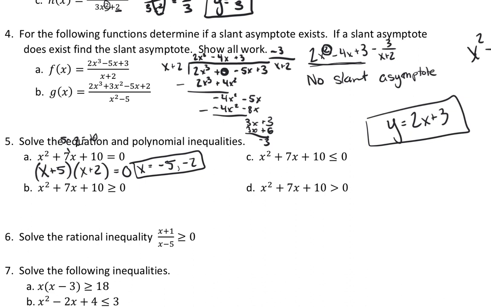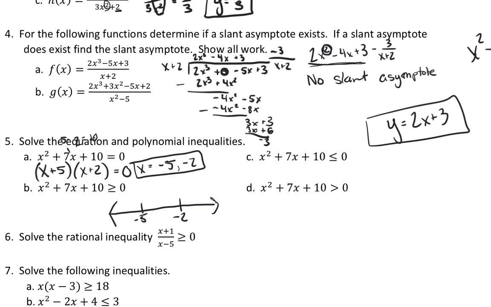So for the next part, we are looking at inequalities of the same polynomial. Since we already know the zeros, we are going to draw a timeline and see what happens in these sections of the function.